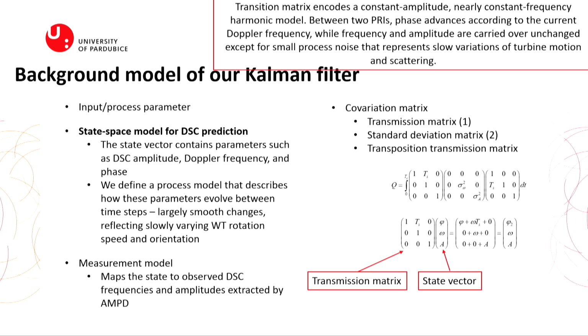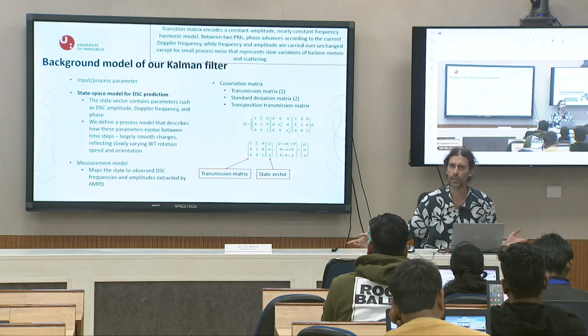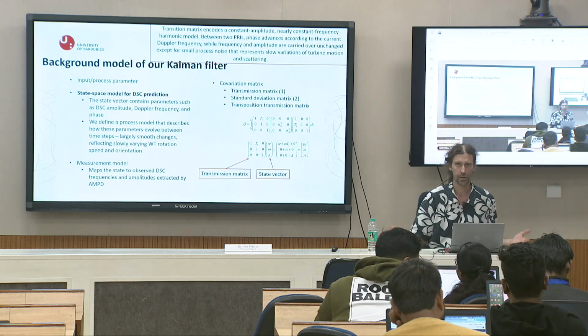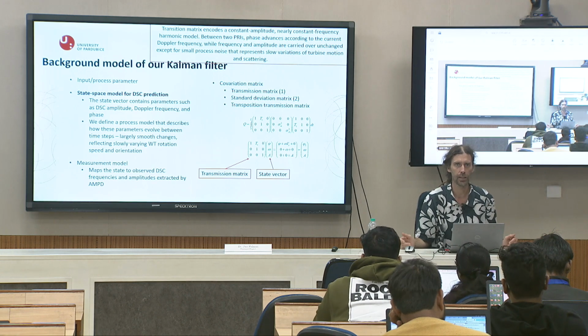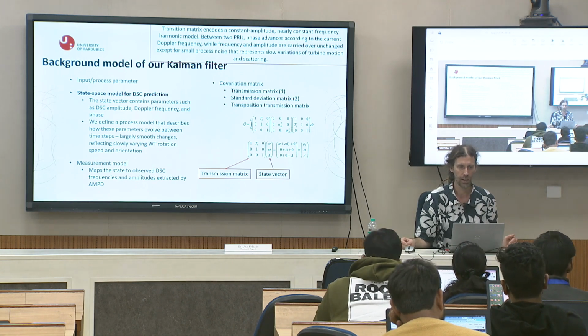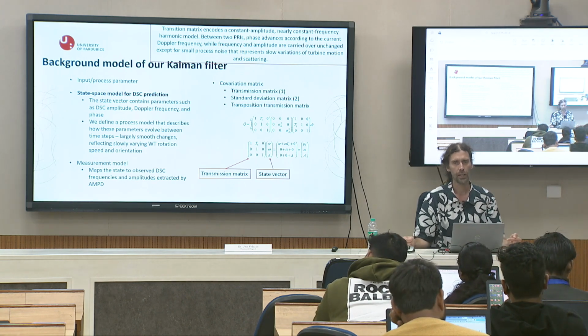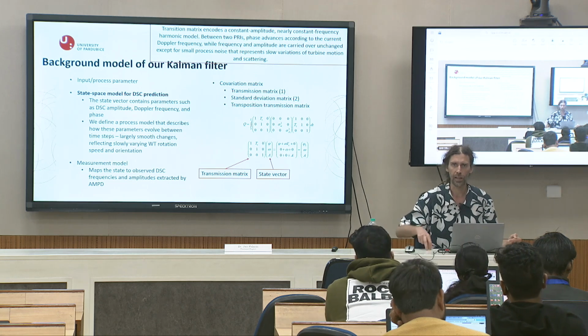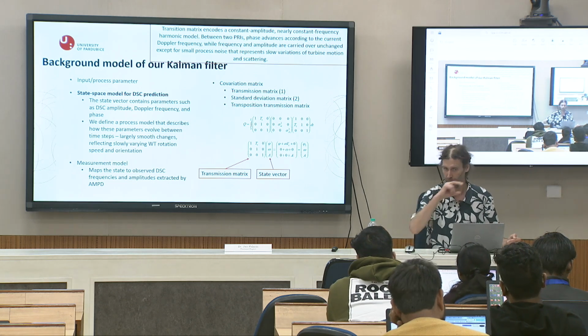Our measurement model maps the state to the observed DSC frequencies and amplitudes extracted by EMPD. For the state, we know that it is 3 sine waves shifted by 120 degrees and so on. And the measurement model is the extracted value from the EMPD algorithm.